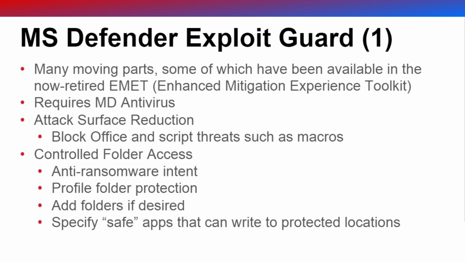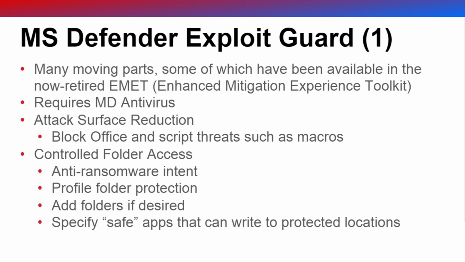So some of these things are a little bit abstract and a bit more arcane. We won't get into them in super detail. Attack surface reduction, however, is one that's pretty easy to understand. This will block threats in the form of macros. So with Microsoft Office, we have the ability to create macros.